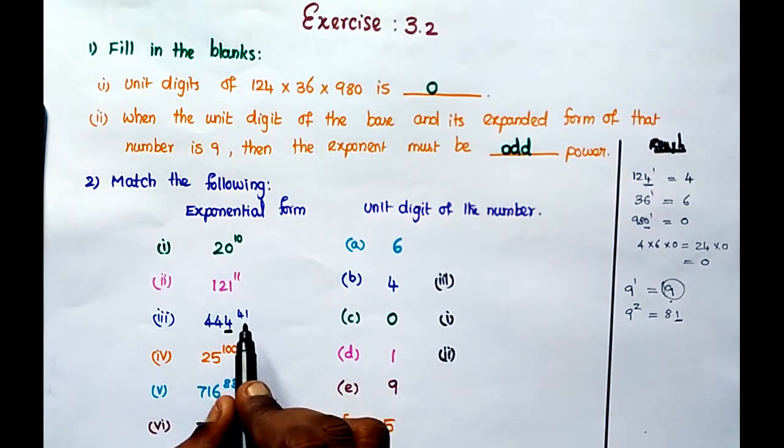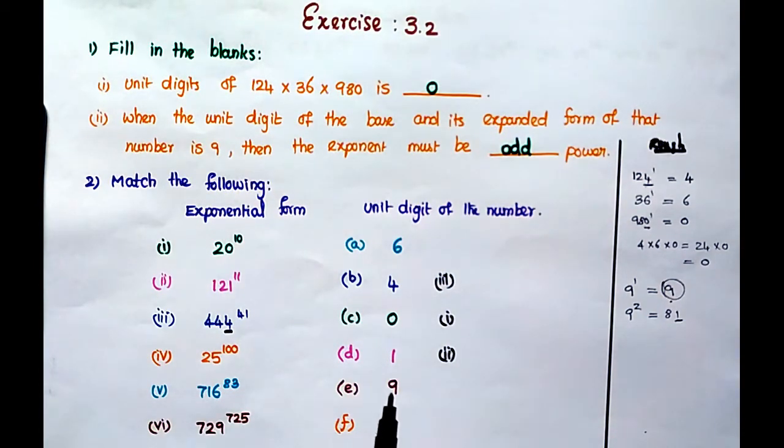In case it is an even number, we get the result of unit digit 6. Next, 25 power 100. Base is 5. So power is anything, it ends with the unit digit 5 only.